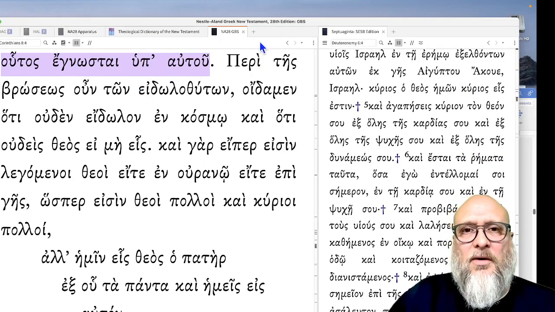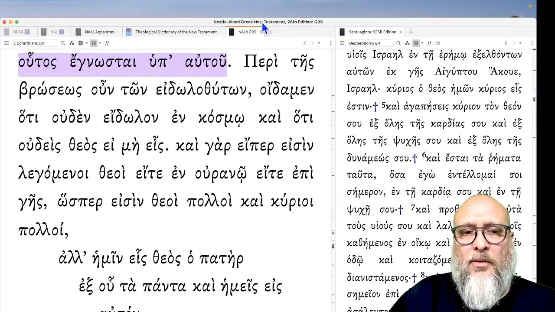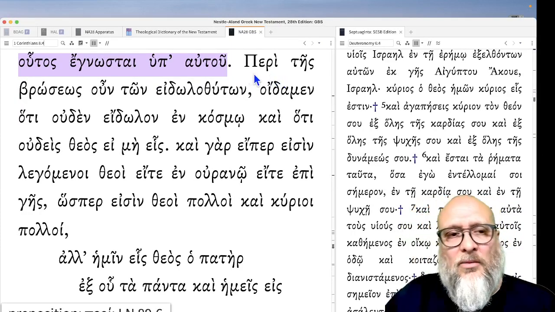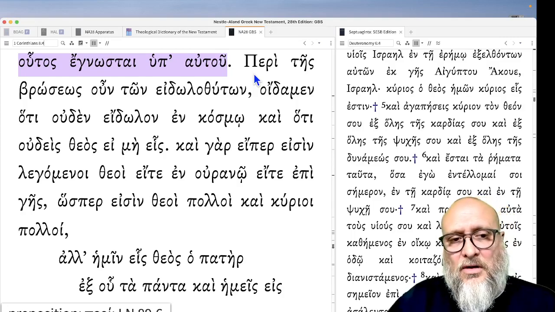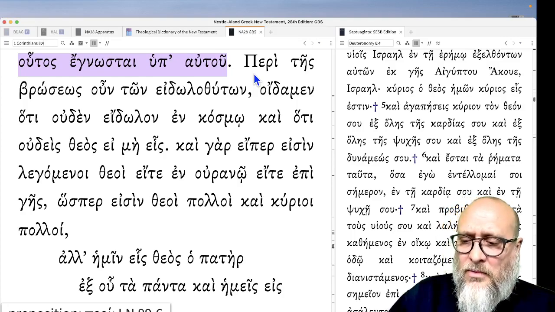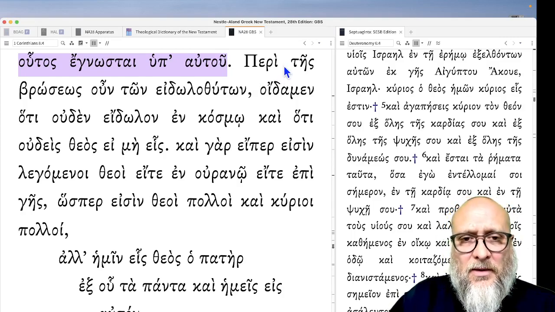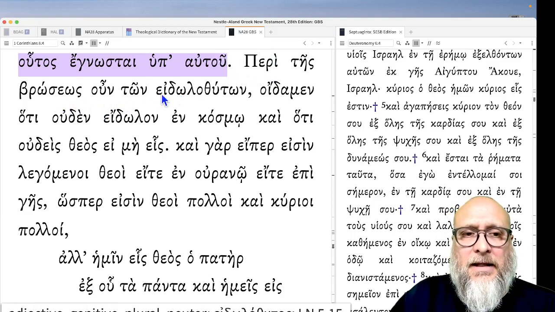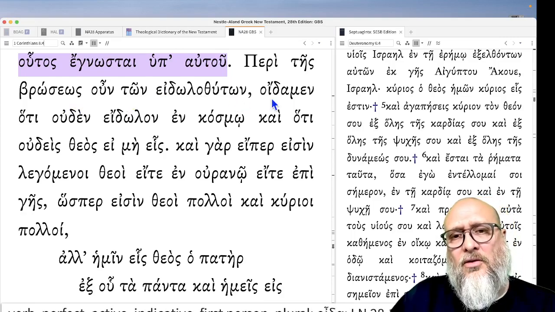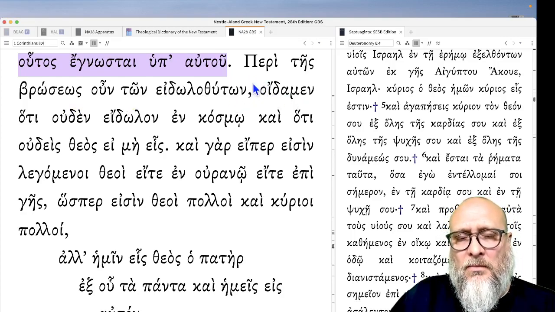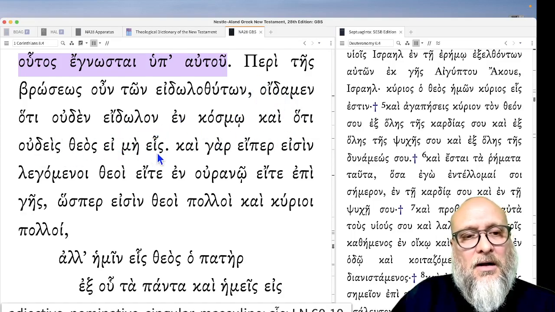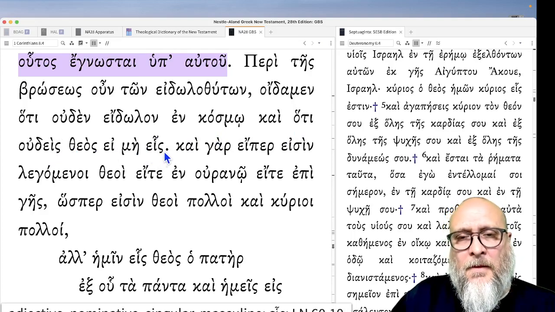Paul in 1 Corinthians 8, 4 through 6, is dealing with questions that the Corinthian church had, and there are all kinds of questions, but the one here in 8 is concerning eating of food sacrificed to idols, and Paul's quoting what they had written. We know that an idol is nothing in the world, and that there is no God but one.